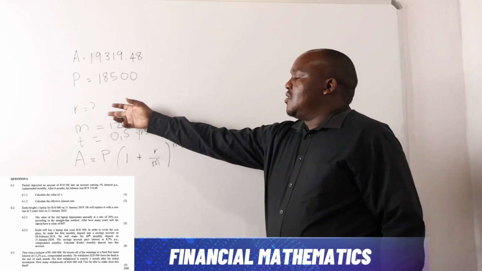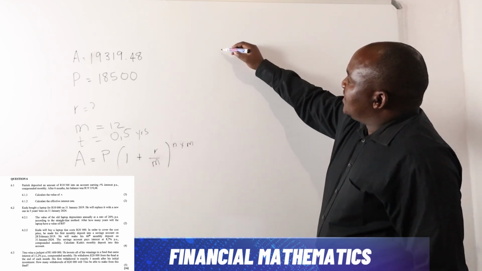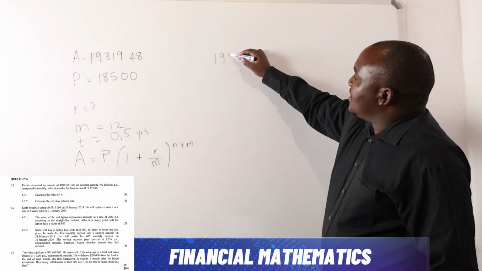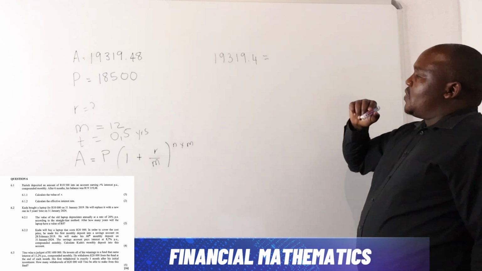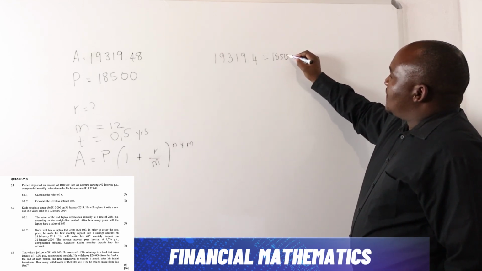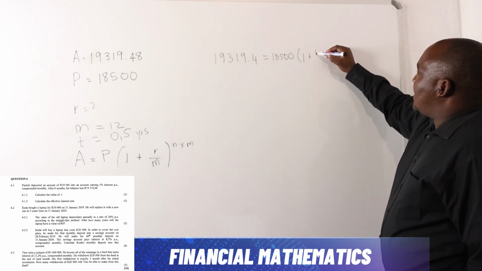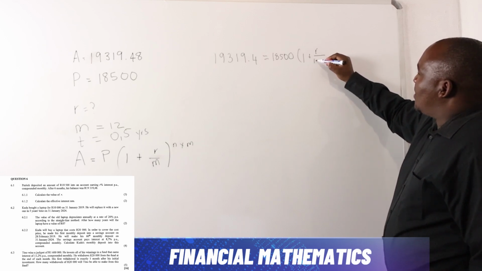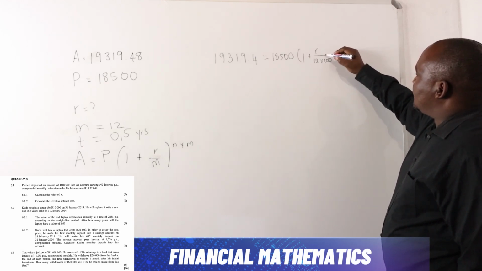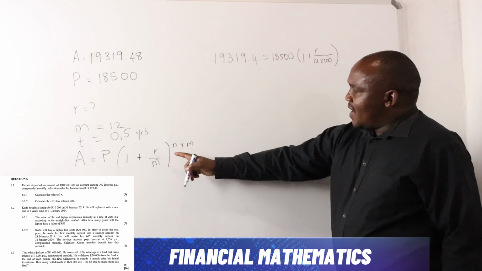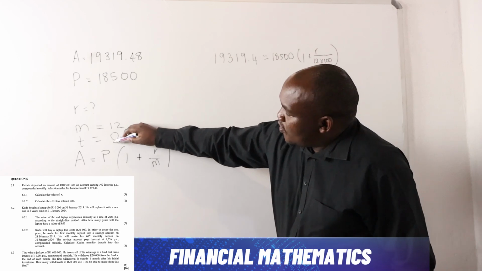We are asked to calculate R. Like you see on this formula, the accumulated value, which is 19,319.48, equals P, which is 18,500, times 1 plus R over 12 times 100, to the power of N, the time in years, which is 0.5.